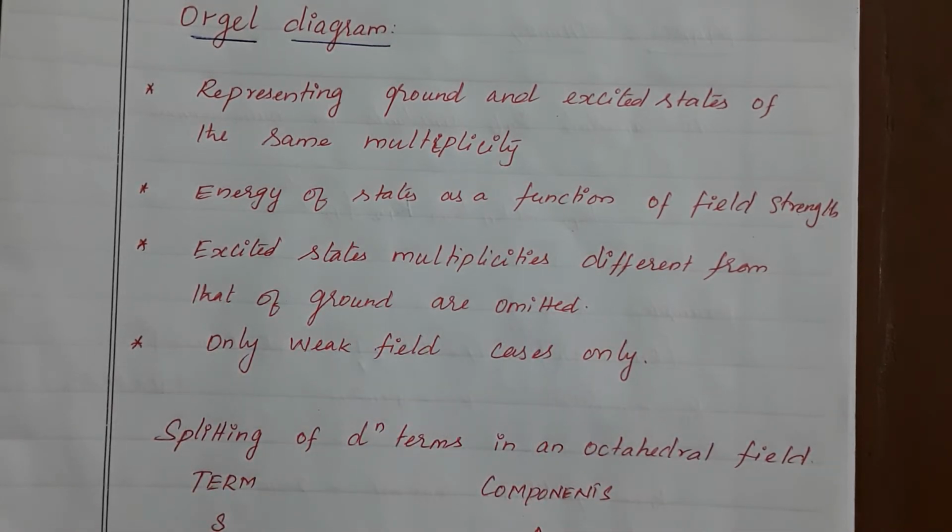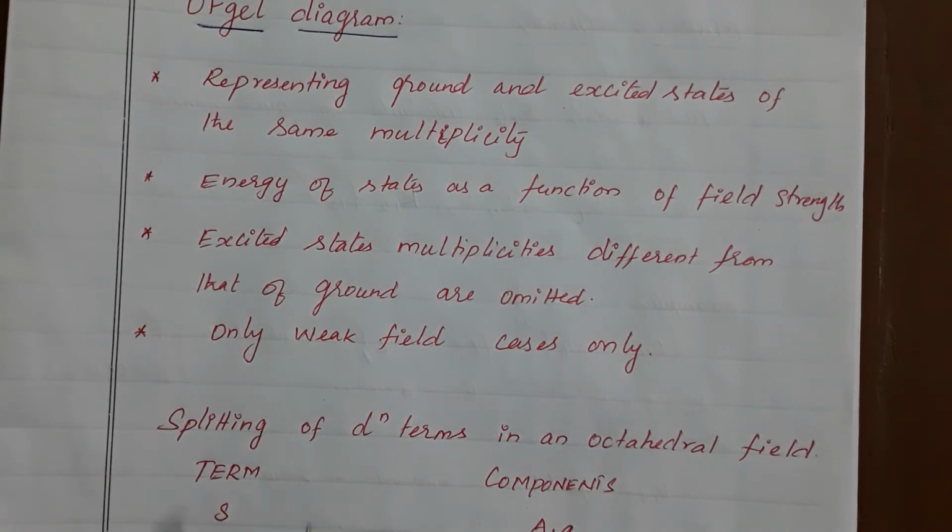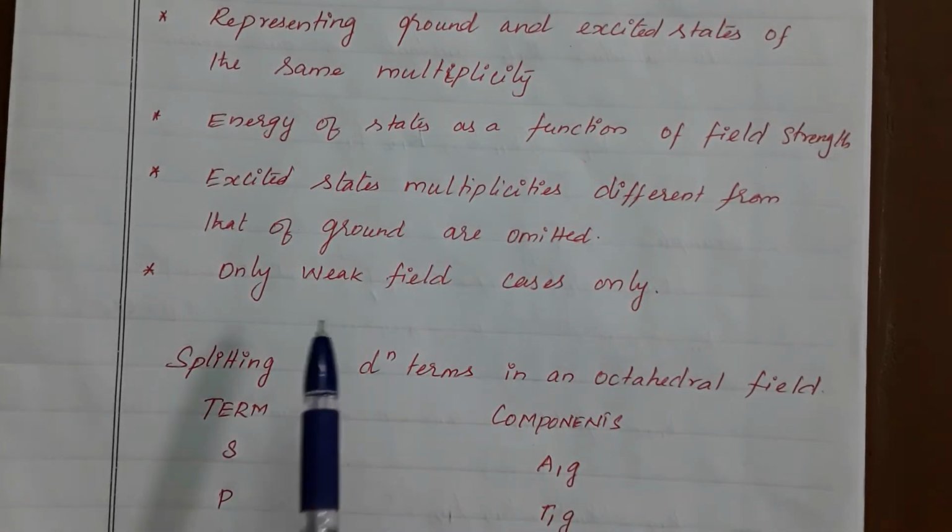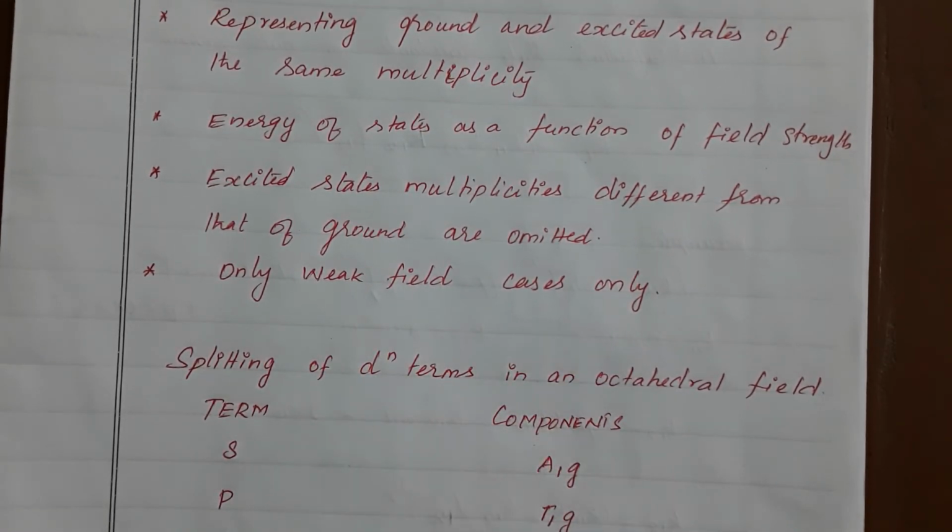So if there are two different spin multiplicities, we do not take them here; we take only ground and excited states having the same spin multiplicity. And the main thing is that it considers only weak field cases, that is, only high spin complexes.